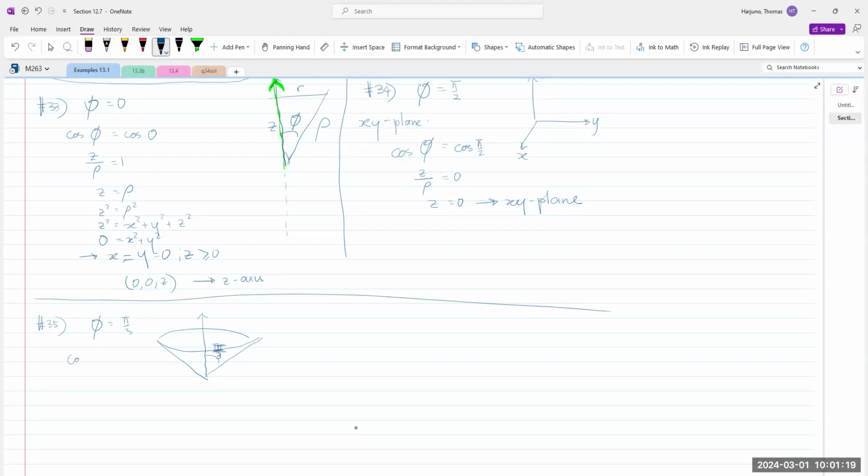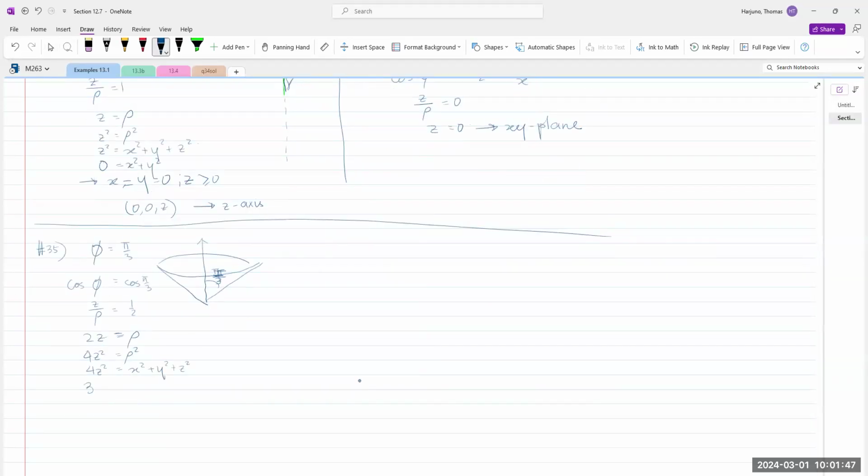Again, I will use cosine. So this is z over rho equals 1/2, 2z equals rho, so 4z squared equals rho squared, which is x squared plus y squared plus z squared.